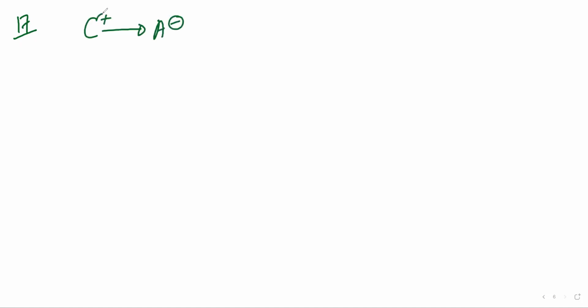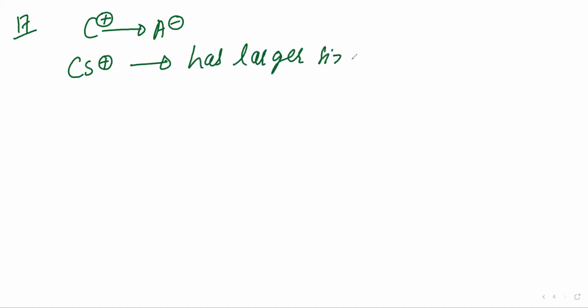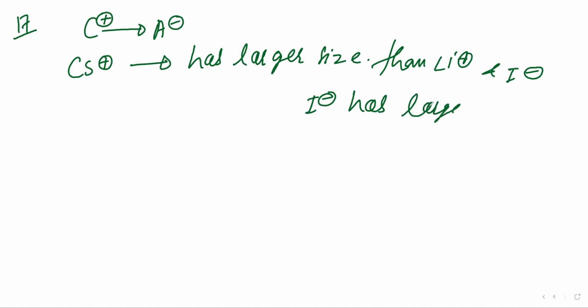So cesium plus has a larger size than lithium plus, and I minus is larger than F minus, because in group 17 it comes fluorine, chlorine, bromine, iodine.